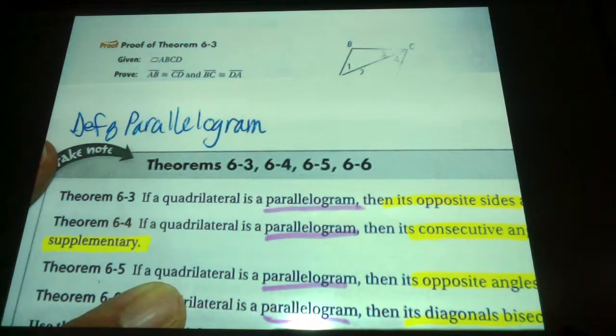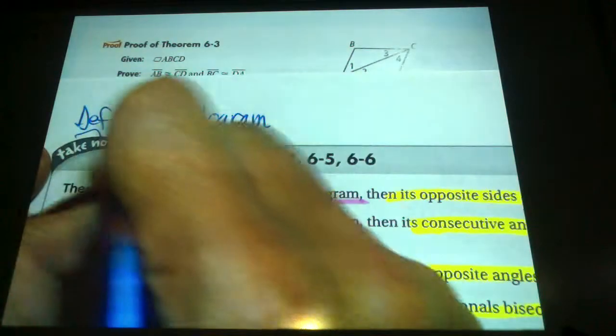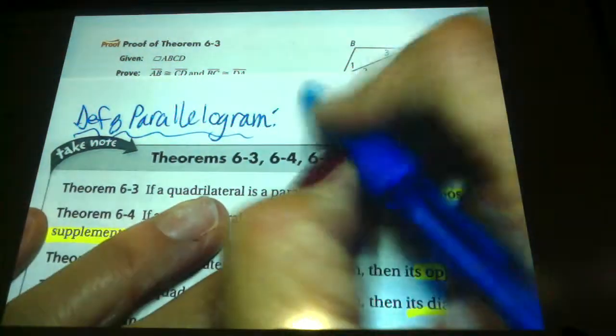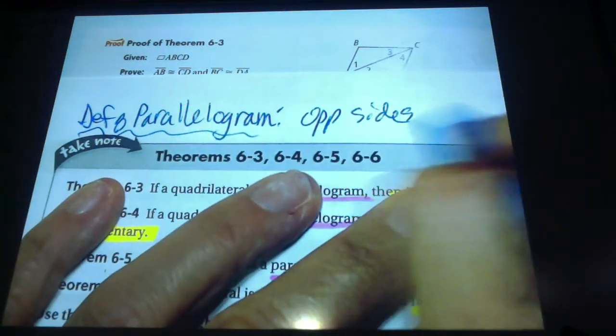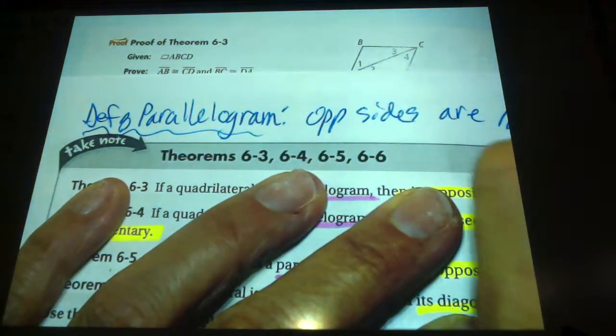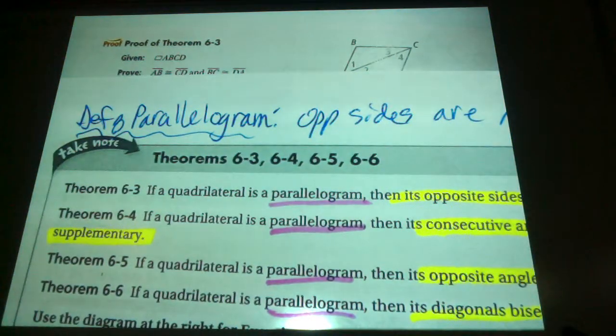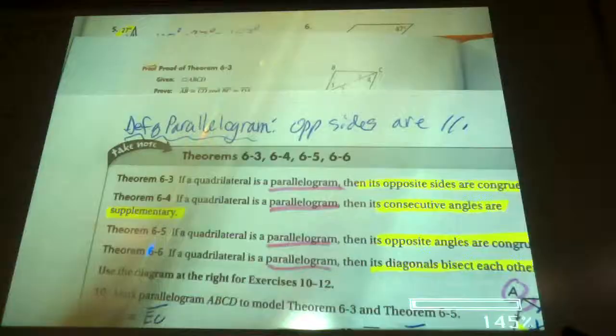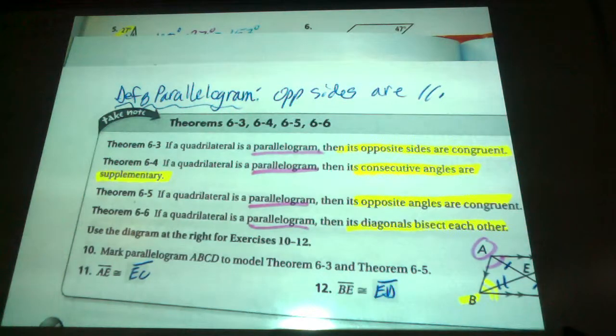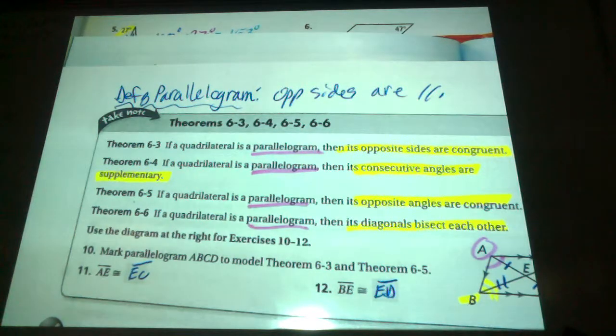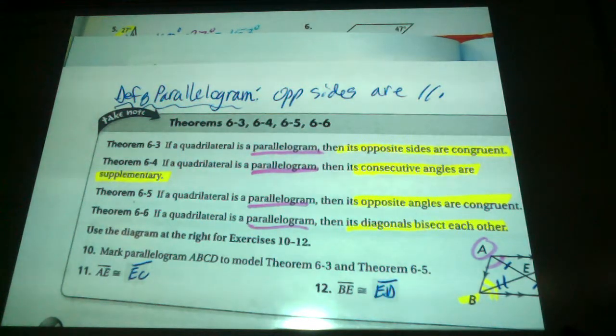There are parallel lines in the word parallelogram, by the way. So the definition of a parallelogram would be opposite sides are parallel. So we can use that as well. And I'm totally fine with you using that as a reason in a proof.